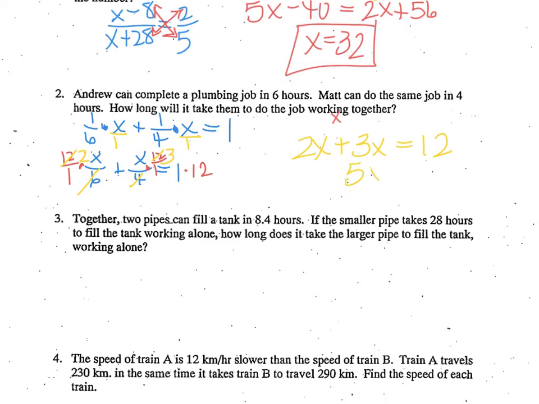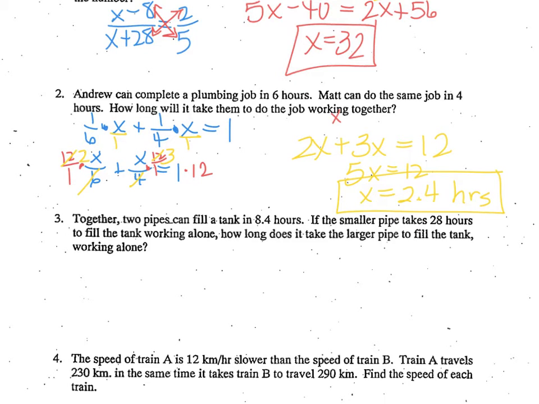Solve this equation, 5x is 12. Divide by 5, and we get 2.4 hours. That's how long it takes them to work together, and that's what the question asked. How long does it take them to work together?